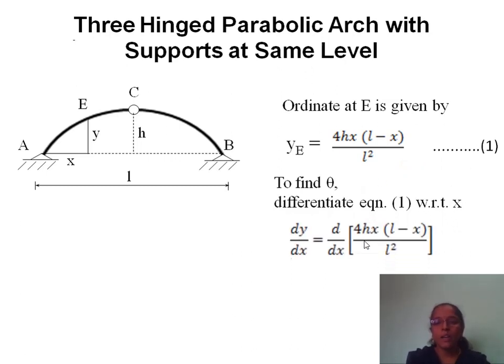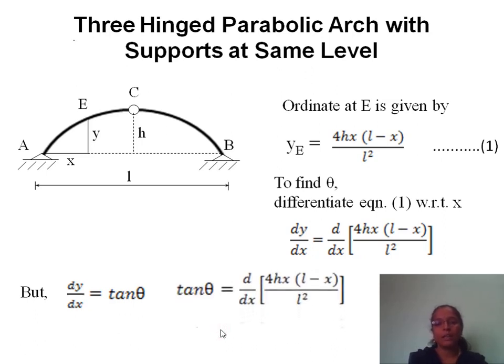So dy by dx is equal to d by dx of 4hx by L square into (L minus x). We know that dy by dx is nothing but tan theta. So we equate tan theta to d by dx of 4hx by L square into (L minus x), from which we can calculate the value of theta.